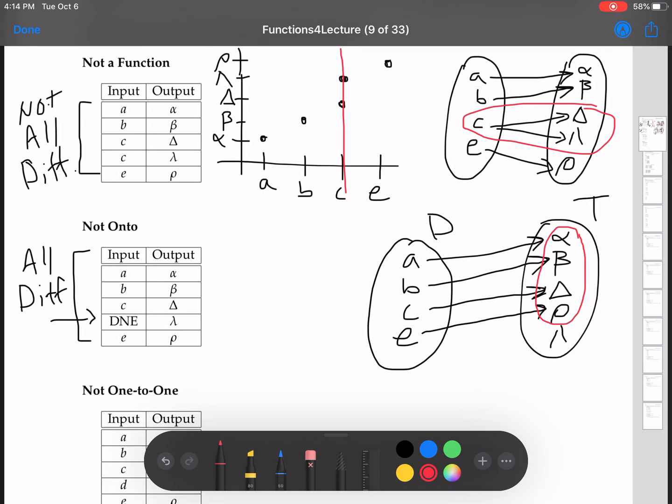If the range is the entire target, it's onto. If the range is a proper subset of the target, then we're not onto. Onto is when the range is equal to the entire target. We can see that from our function tables when we have a D and E like this.